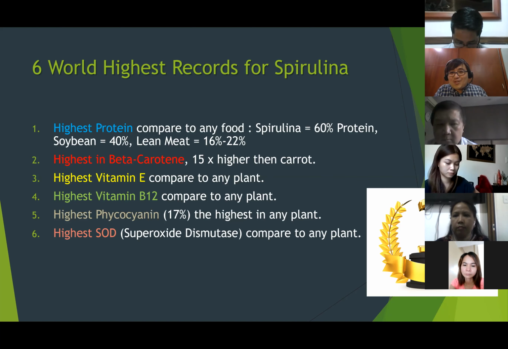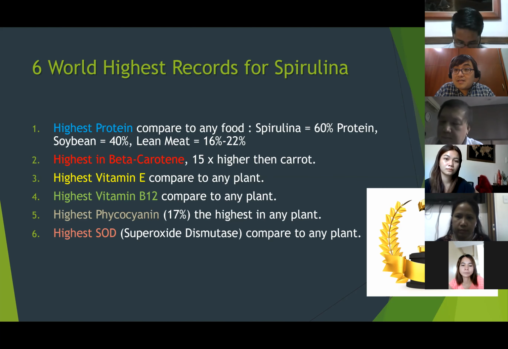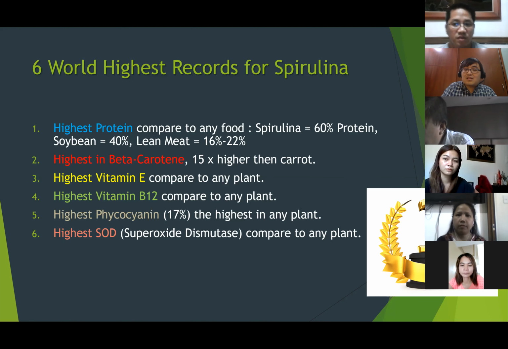Actually, spirulina has the highest SOD even compared to wheat grass. Okay, with these 6 highest, no food and no plant on the planet has such a high nutritious value as spirulina. You cannot find. So far, it's still number one.